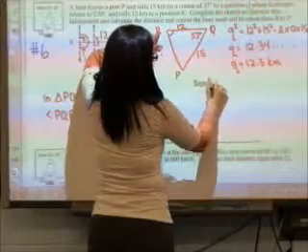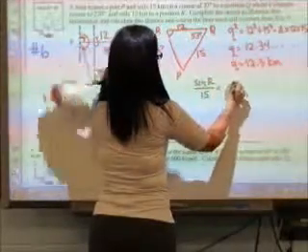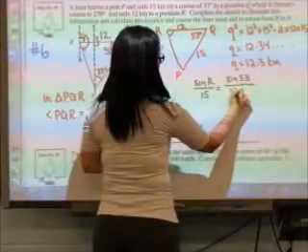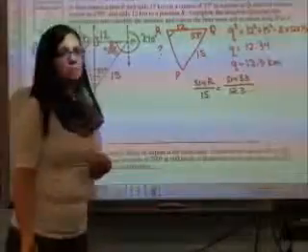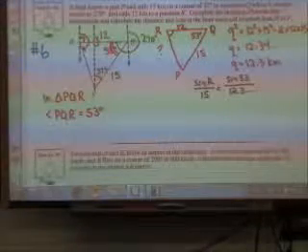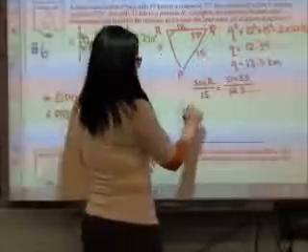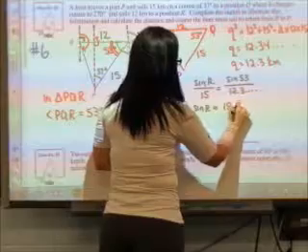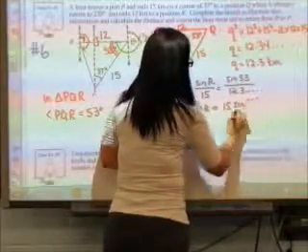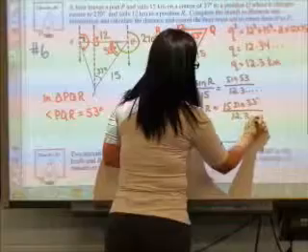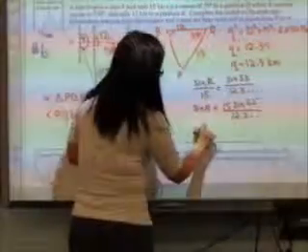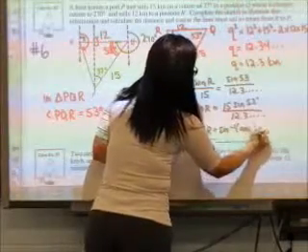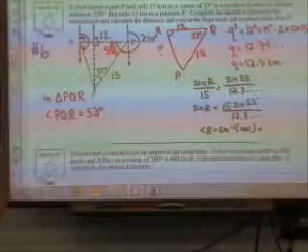Sine R over 15 would equal sine 53 over that 12.3 answer that I got previously. To get R by itself, I'd multiply, so I get 15 times sine 53 divided by 12.34. Angle R would be the sine inverse of that answer. Tell me what you get.